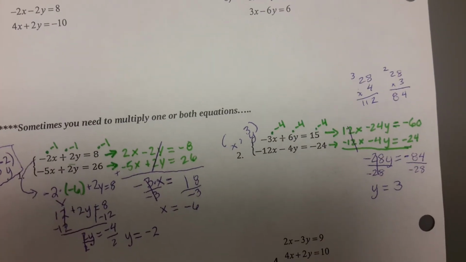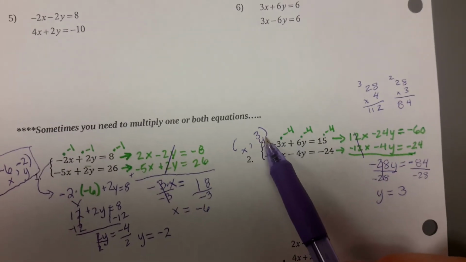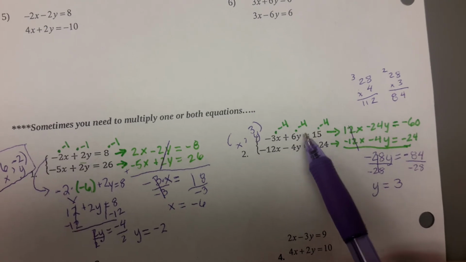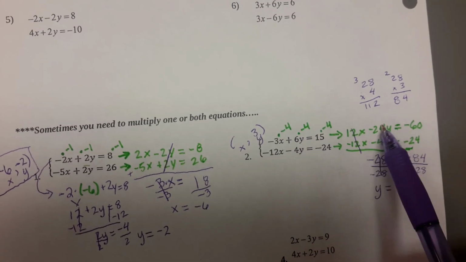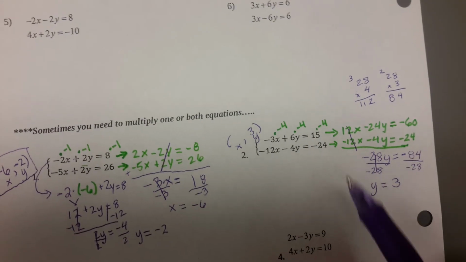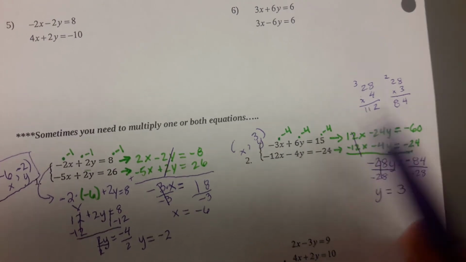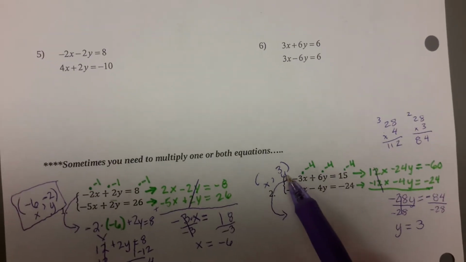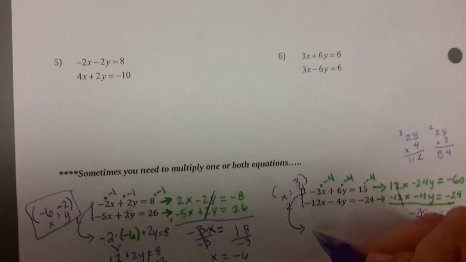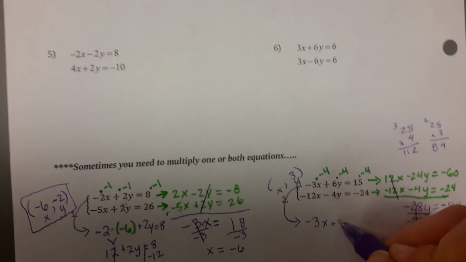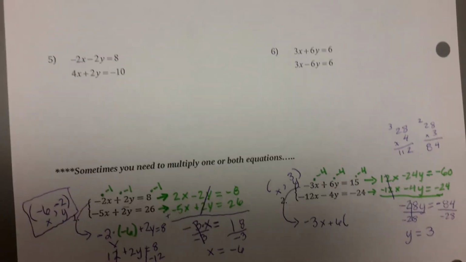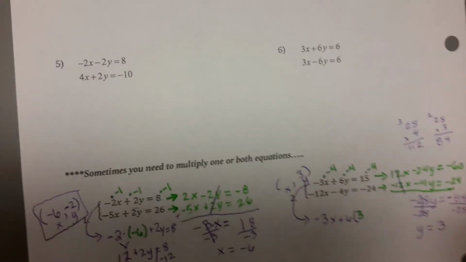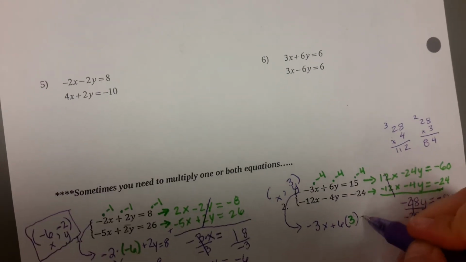All right, so far I know my y coordinate is going to be 3. Now I can use this equation, or this equation that I changed. It doesn't matter. I'm going to use the top one again just because it's smaller numbers. Now be careful, I'm plugging in for y this time. So I have -3x plus 6 times y, which I now know to be 3, equals 15.